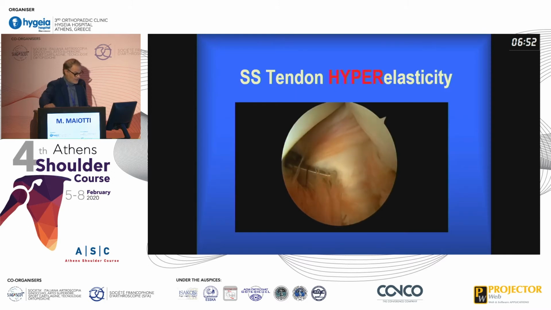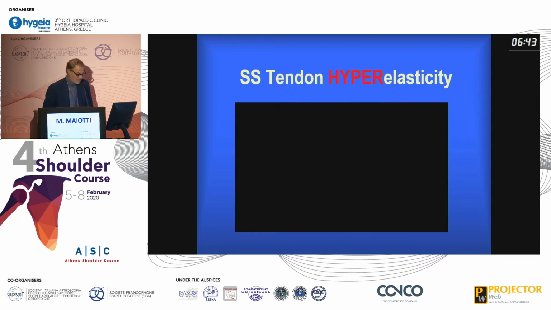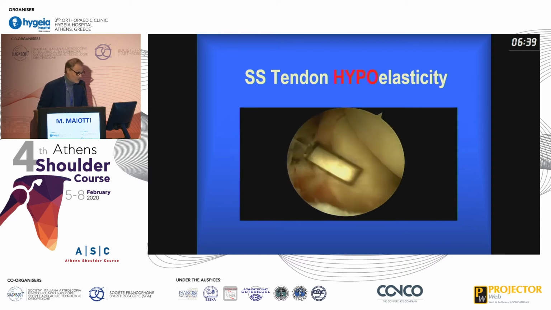And so we do this test every time when we go in the shoulder. We see that here there is an elongation and hyperelasticity of the tendon, and here you don't have it. So there are different types of subscapularis behavior.